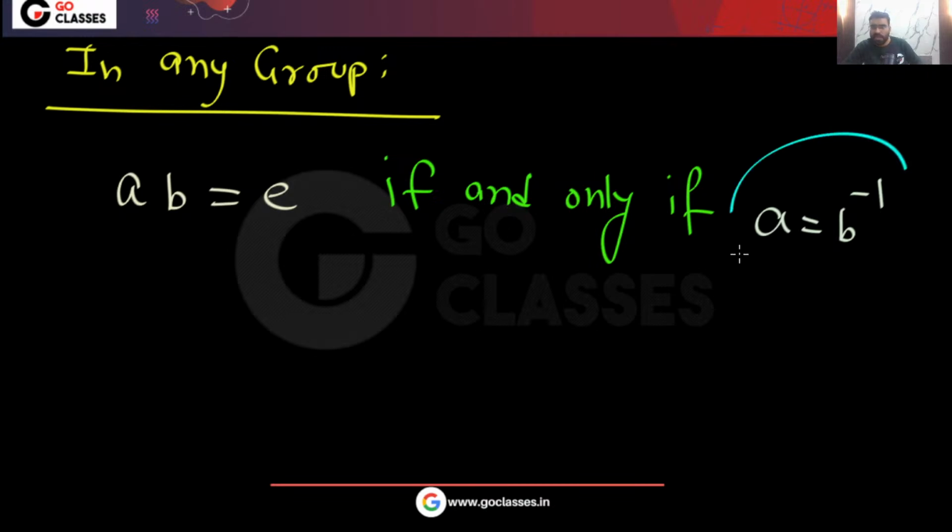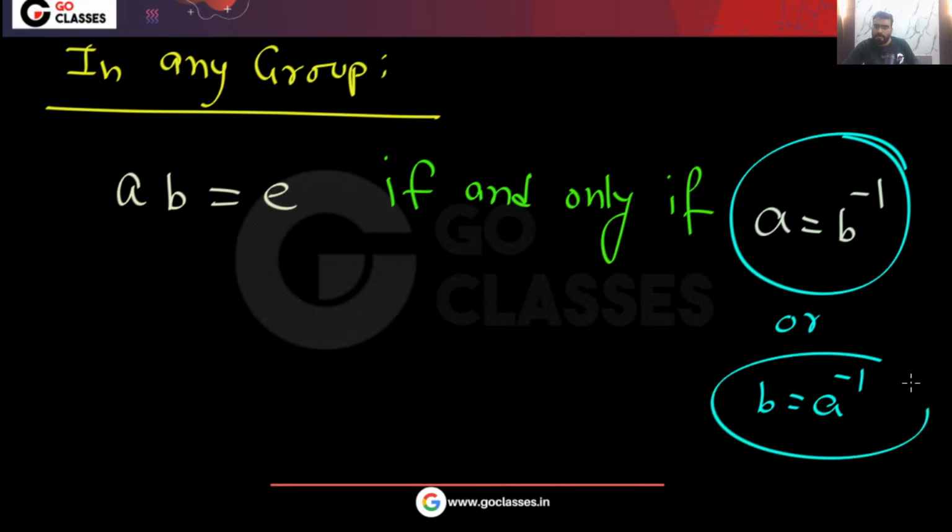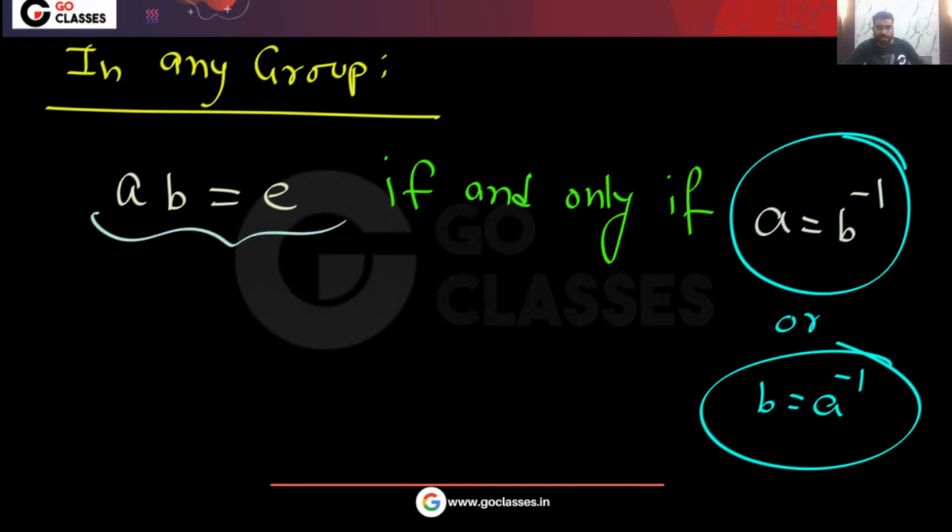So remember, this is if and only if. In any group, if AB equals E, then A equals B inverse, or B equals A inverse. So this is the point.